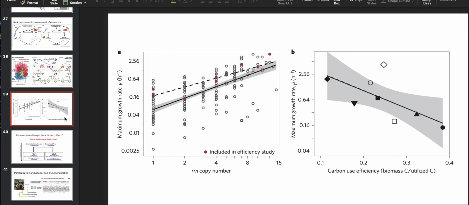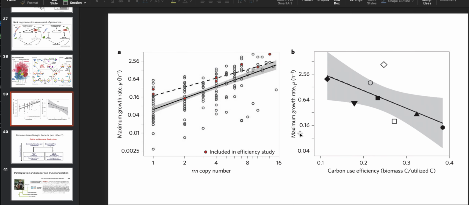So we can visualize this trade-off a bunch of different ways, but one way of looking at it is just by ribosomal subunit copy number and the maximum growth rate. So regardless of nutrient availability, in general, the more ribosomal units you have per cell, per genome really, the faster your maximum growth rate is.